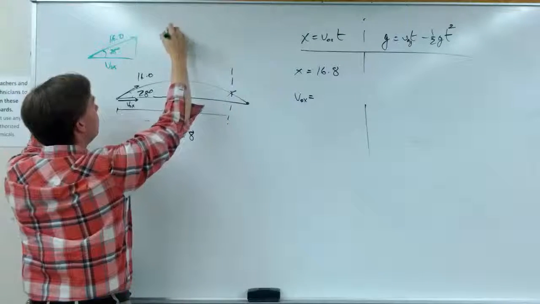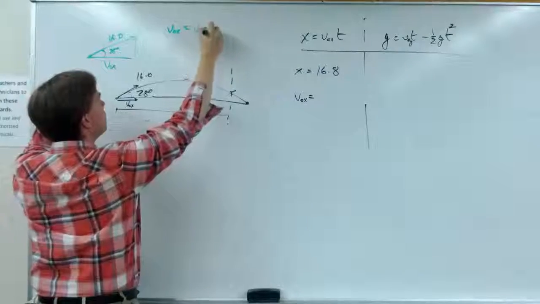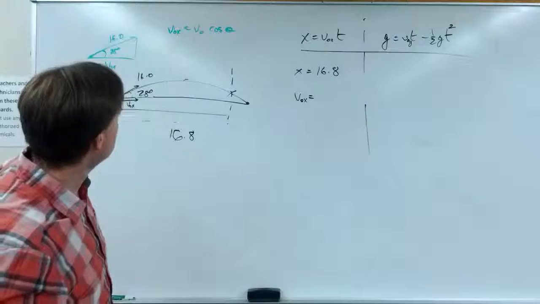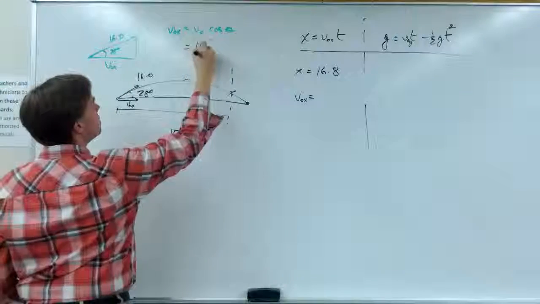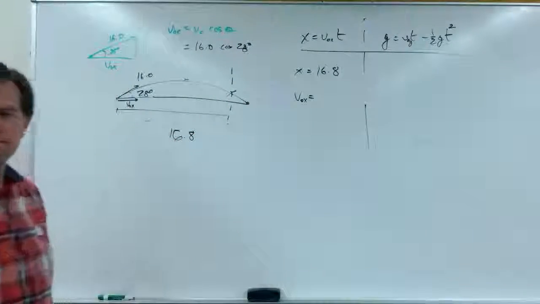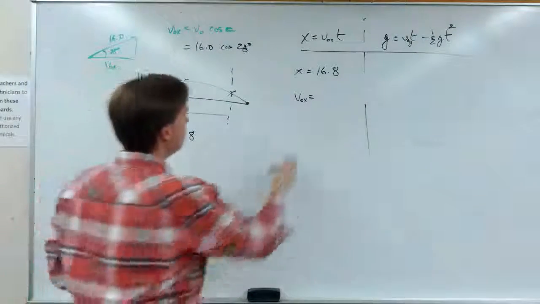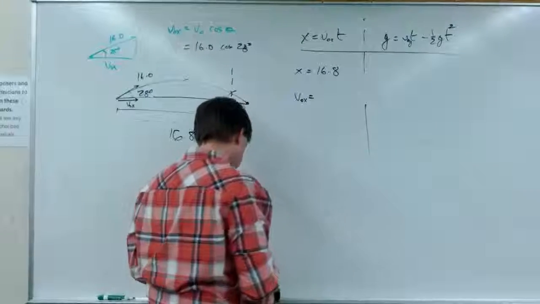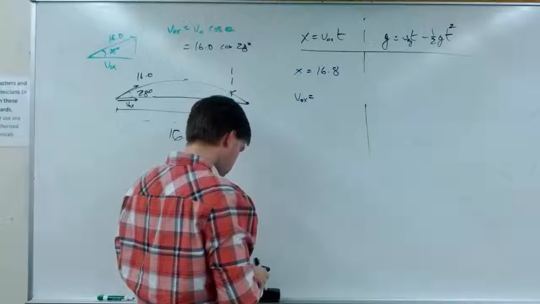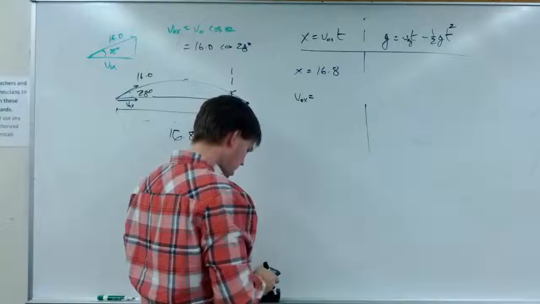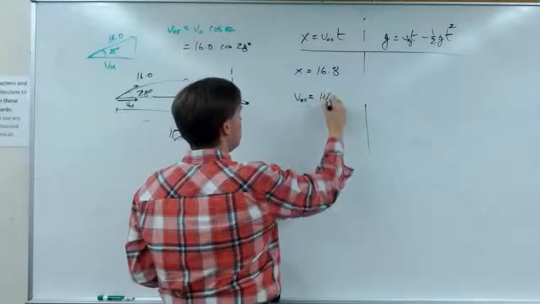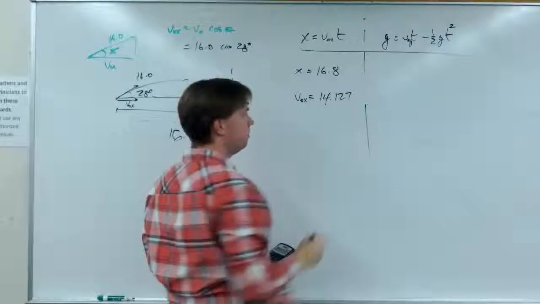So the formula looks like this: 16.0 times the cosine of 28 degrees. I get 14.127.